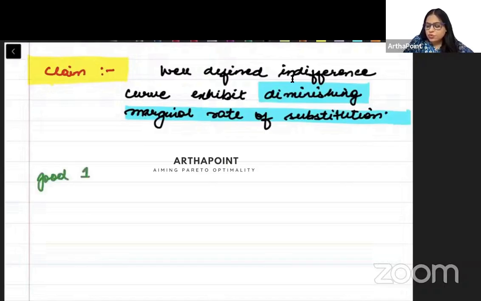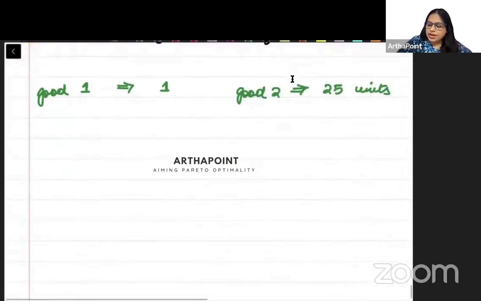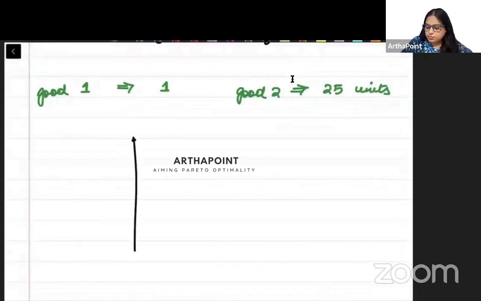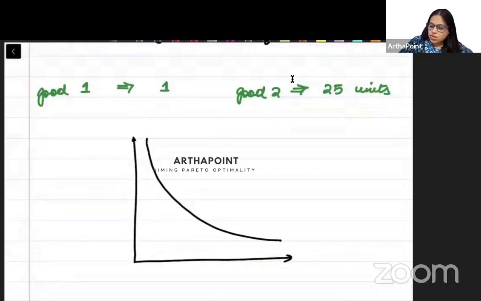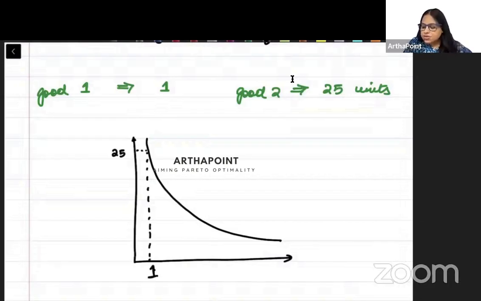Suppose I have 1 unit of good 1 and good 2, suppose I have 25 units. ठीक है? And I am here beta. This is good 2, 25 units, and good 1, 1 unit. तो good 1 तो मेरे पास बहुत कम है.